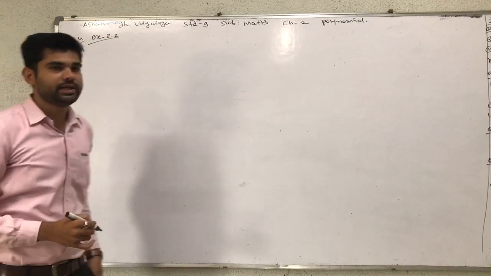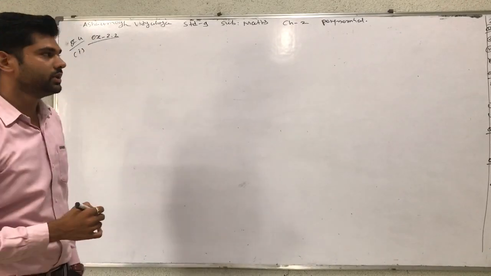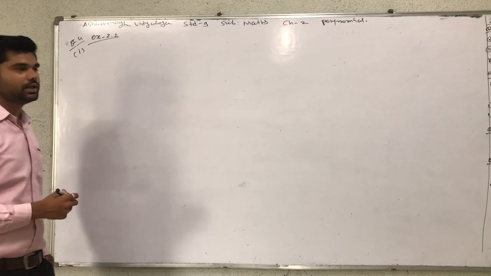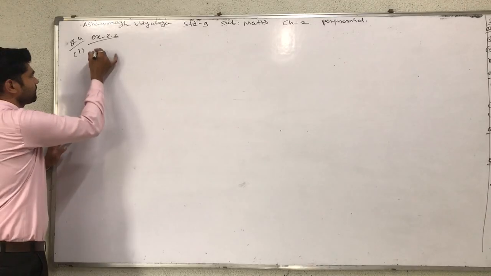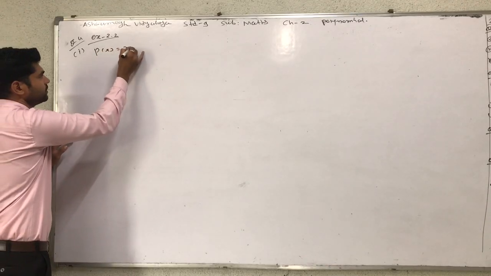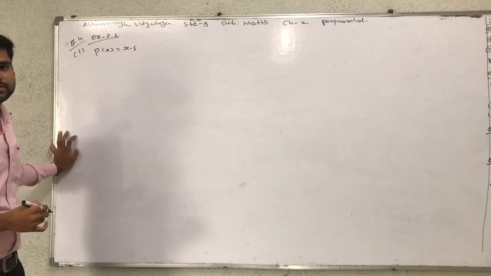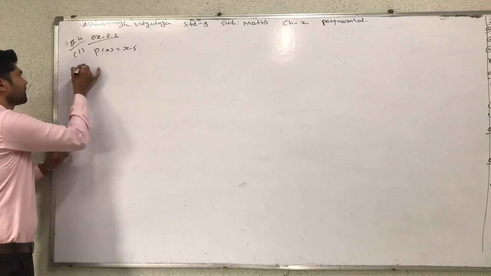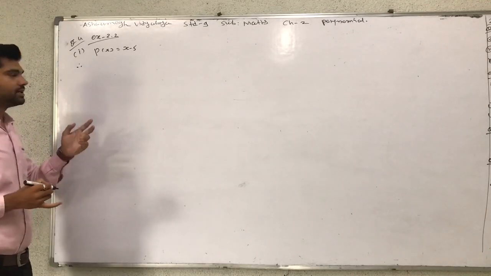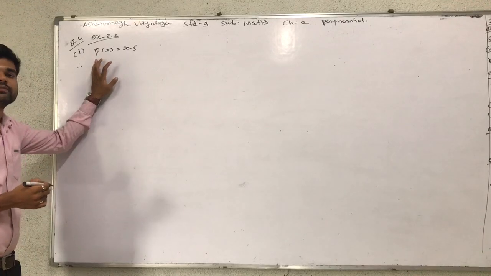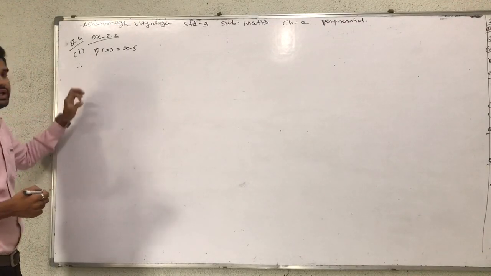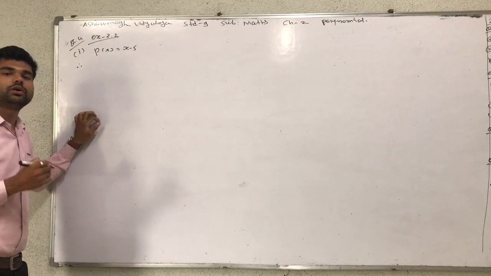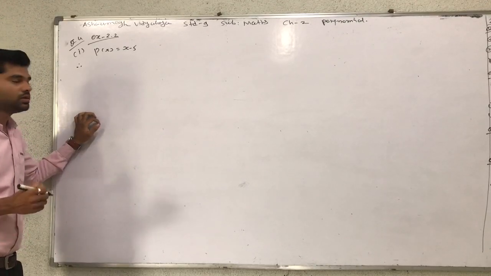First, find the zeros of the given polynomial, where p of x is equal to x minus 5. Zero means the value of x.